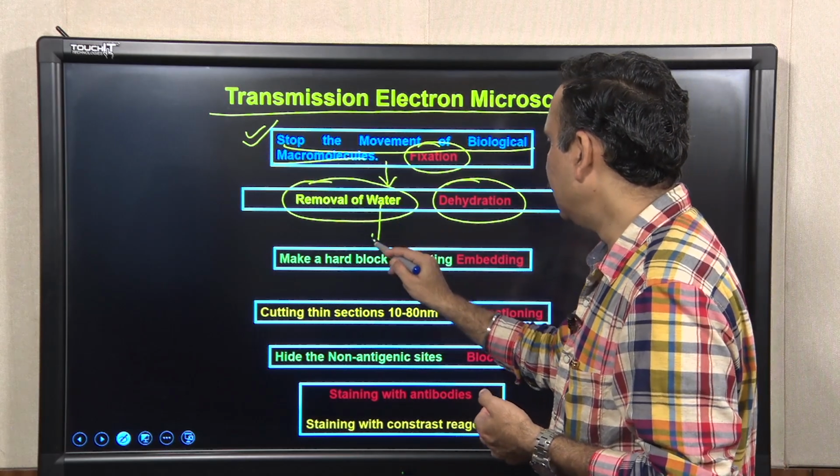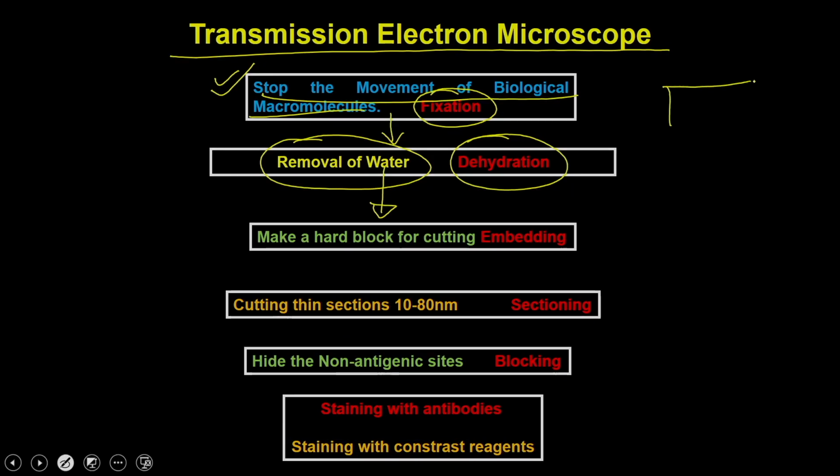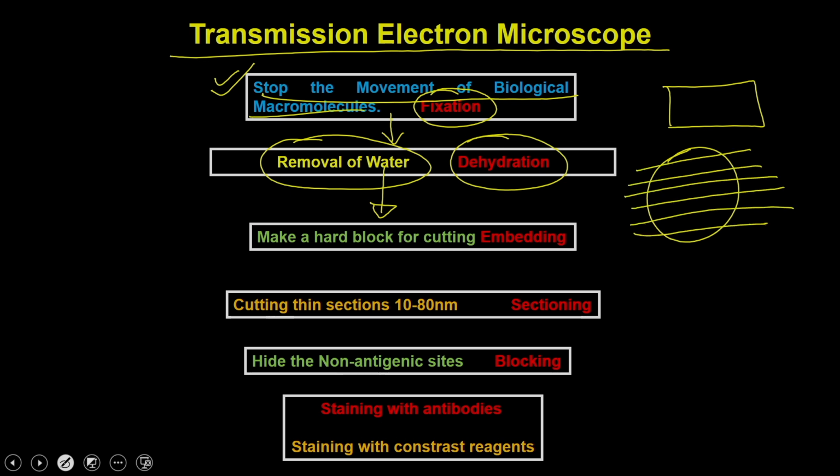After that, suppose this is your cell. It is not possible to illuminate a whole cell and look at it. What you have to do is cut this cell into multiple pieces, so that a single layer of that particular object is illuminated with the electrons, because these electrons are high energy electrons, but they are not so high that they can pass through a thick object.